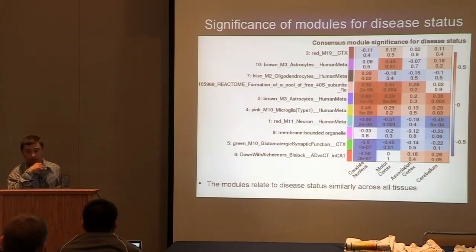It might, yes. Yes, it could. It could happen. But the condition for finding consensus modules is not that there is a relationship to disease in every data set, but that the organization of the gene expression is broadly similar.